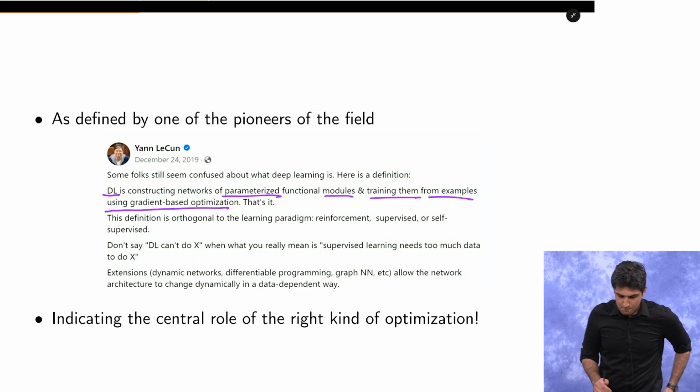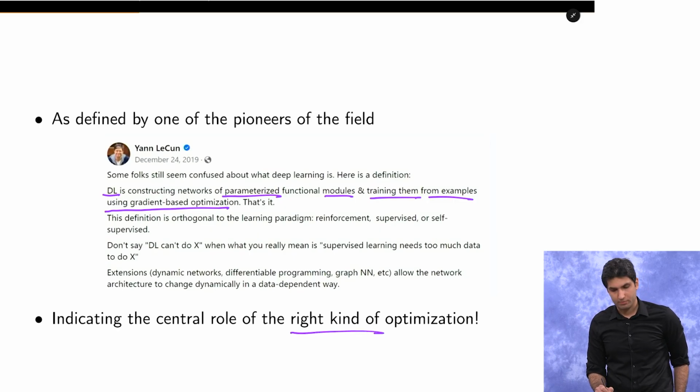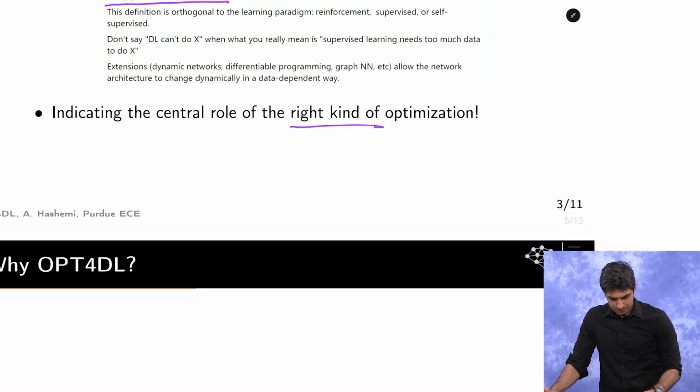Okay? And I would say the key word here is the right kind of optimization, right? So gradient-based optimization. That's why in this course we're going to pay a lot of attention and focus on a certain class of optimization algorithms that leverage this gradient information. All right.